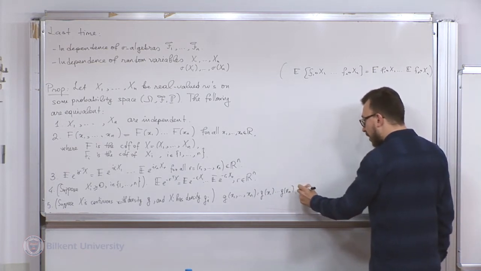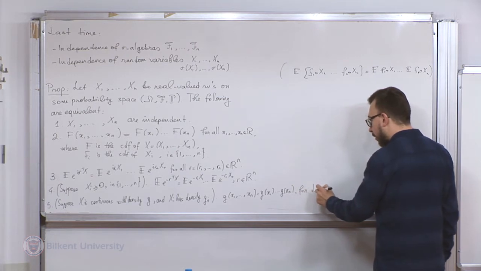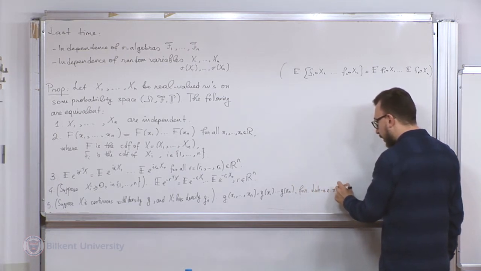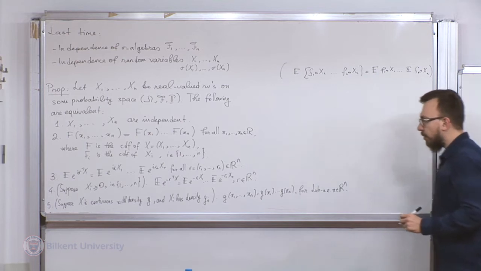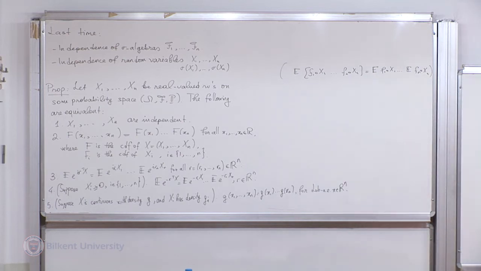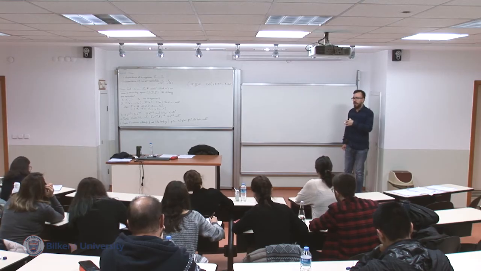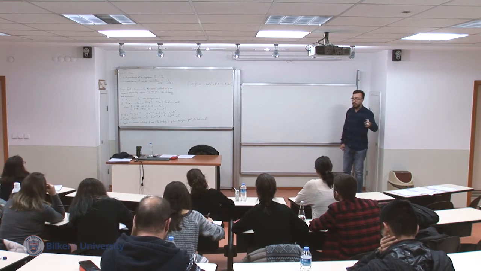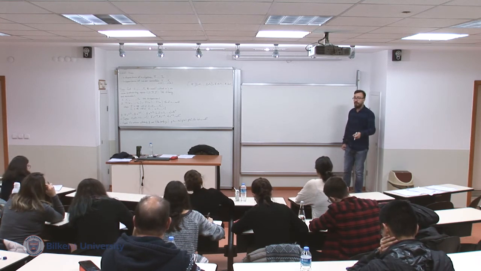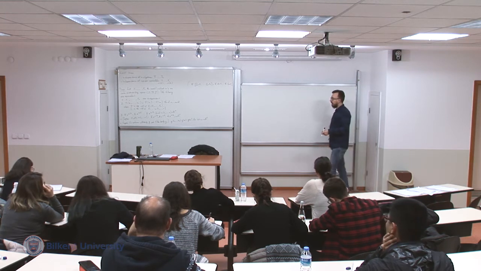But I should say for Lebesgue almost every x in R^n. Because, you know, there is the problem with versions, right? Versions of probability density functions. In other words, if you have some probability density function and you just change its values on a null set with respect to the Lebesgue measure, namely if you change the values of it on rationals, then it is still a version of the probability density function.